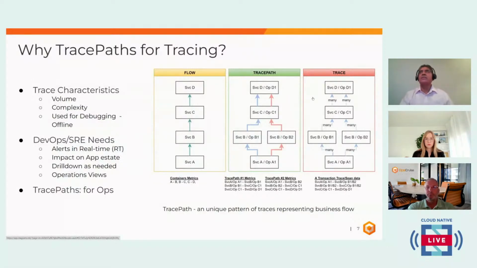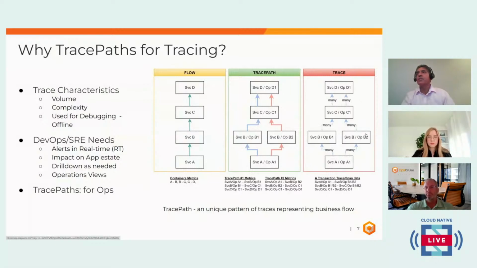Now, contrast this with running a trace. The actual request may be from the operation, let's call it A1, calling service B, but it's calling operation B1. Or A1 might be calling B2, and B2 could be calling C1, and there could be multiple. B1 could call C2, and C1 might be calling D. So as you can see, you can have many different paths, right?